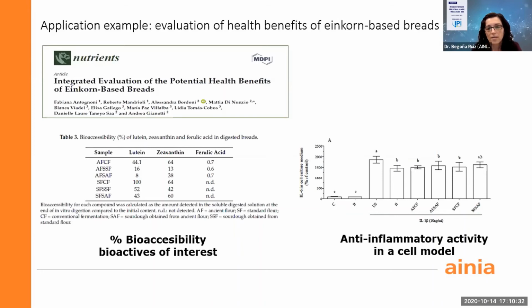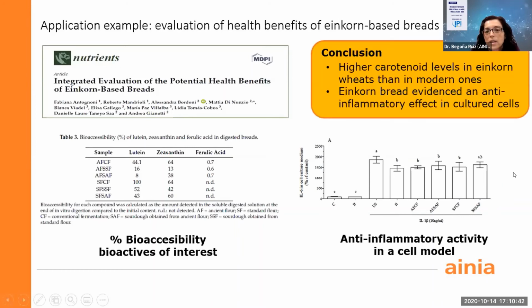As you can see in the graph, all of the breads have a significant increase in the anti-inflammatory effect. The conclusion in this study was that there are higher carotenoid levels in the einkorn wheats than the modern ones, and also evidence of anti-inflammatory effect in culture cells. So this has to be checked with in vivo testing, of course, but these kinds of studies can serve to see if there is one prototype that is better than the rest.